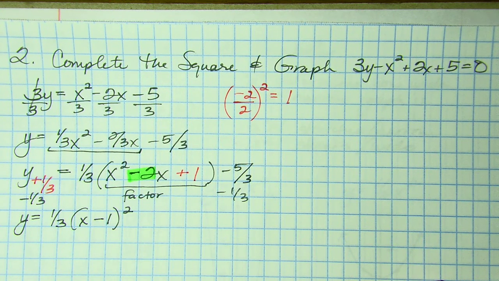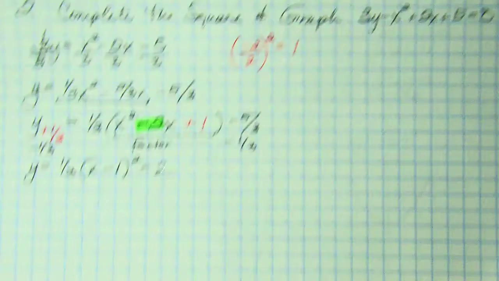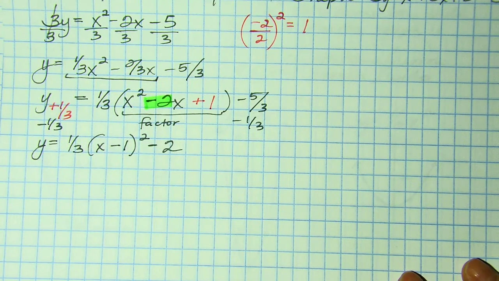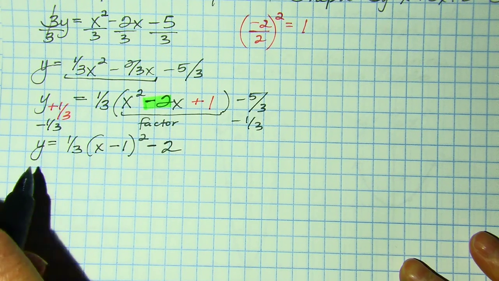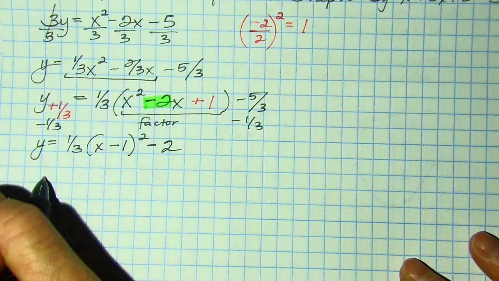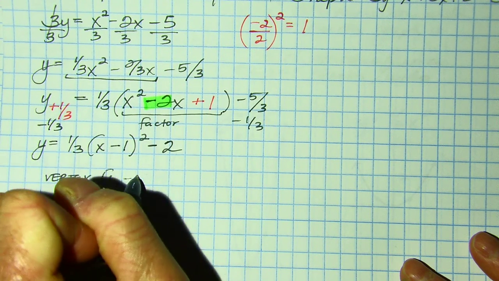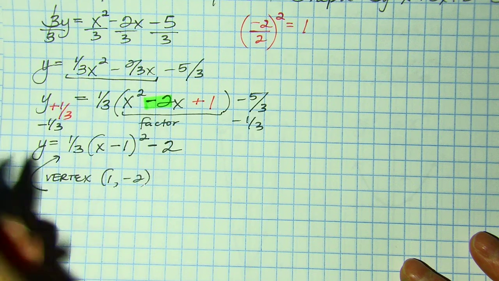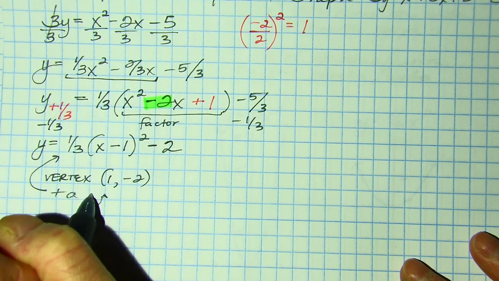And negative 5/3 minus 1/3 is negative 6/3, which is negative 2. Look how beautiful those numbers are. You only have one fraction. So I've got a vertex at 1, negative 2. And because that is a positive, my graph points up.